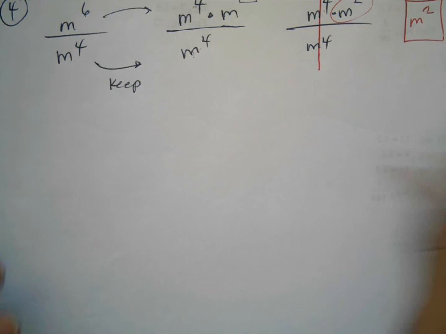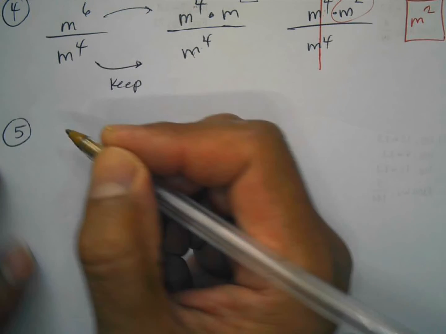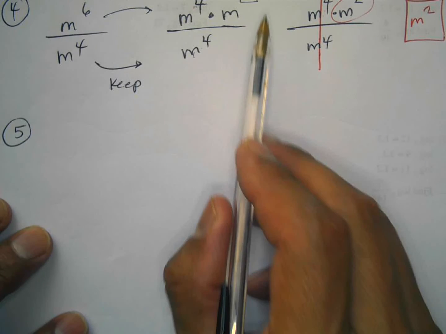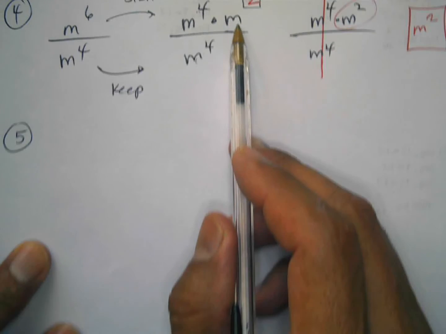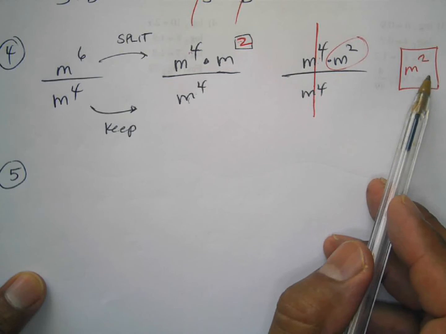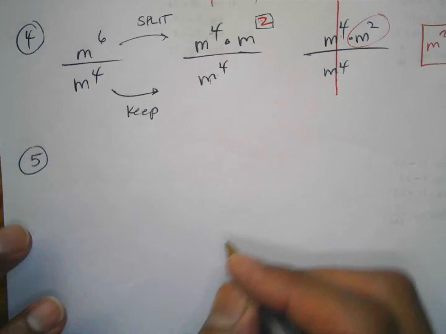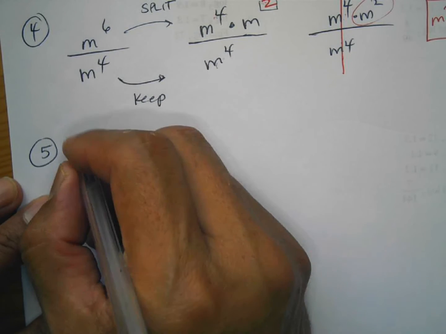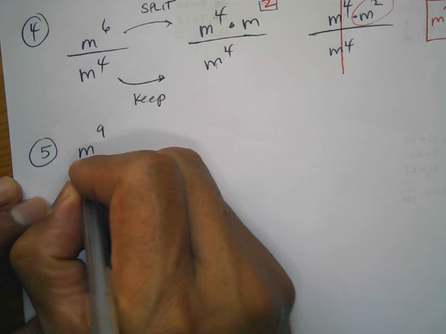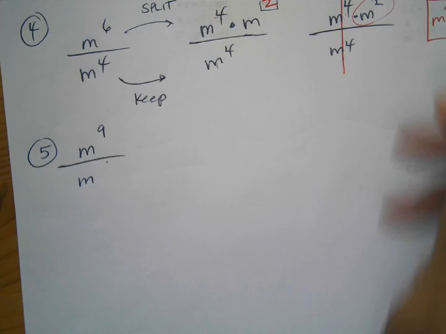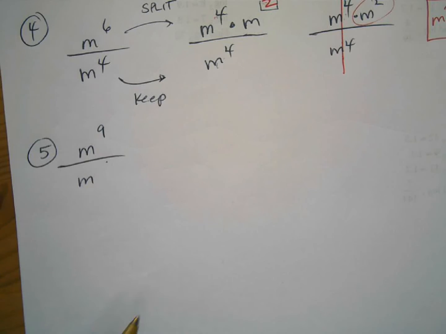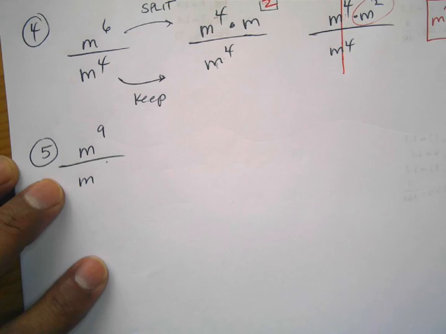All right. Now, let me try it another way, number 5. Now you gotta watch out when the variable or the parts that are left over on the top, okay, that can be the final answer. But when it's left on the bottom, you can't do that. What if I have m^9, oh no, I wrote that wrong. Sorry. Oh, that's okay.